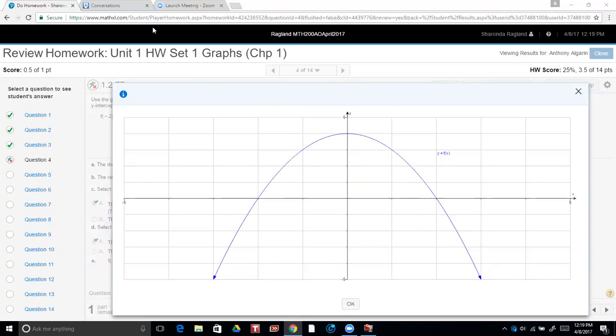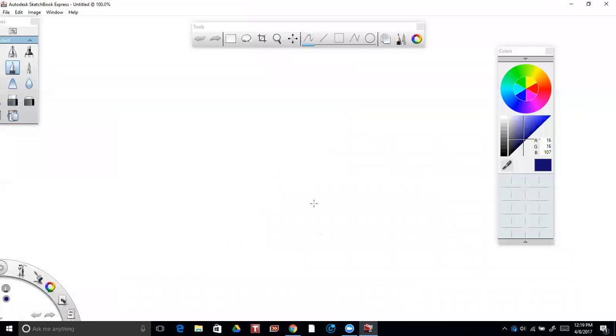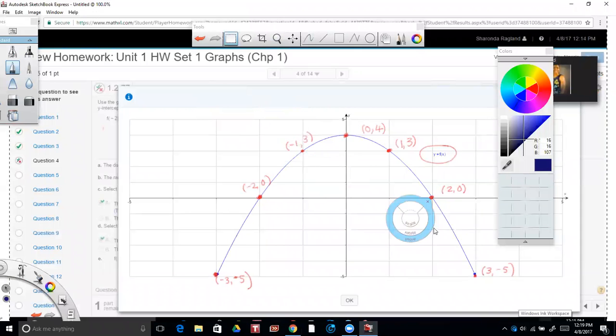So let me copy this with some of the points on there. Okay, here we go. So if we look at this, we can see the points on this graph.